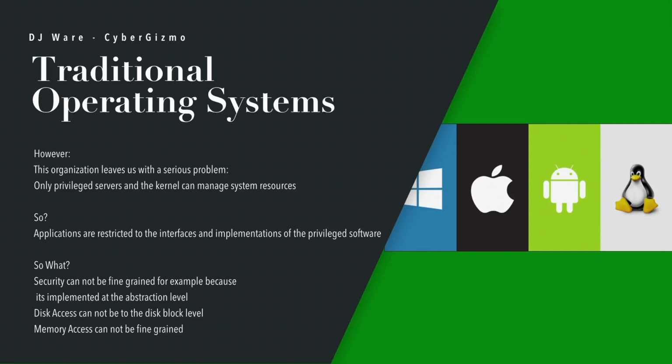So why is that a big deal? That's a big deal because security cannot be fine-grained. Also, security is limited to the virtual device. When you look at how Linux, for example, implements all of its ACLs and security controls, they're done on the virtual device, not the physical device. So there's a gap left open for someone to infiltrate and inject malware through.